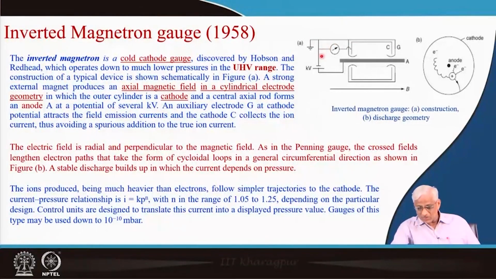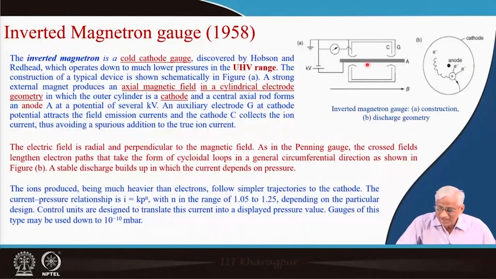Okay. This positive will be connected to the anode. That is why it is called an inverted magnetron. A strong magnetic field is applied here also. Its purpose is to confine the electrons so that they do their business of ionization before they get collected by the electrode.